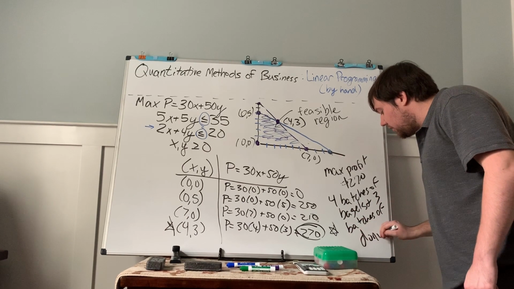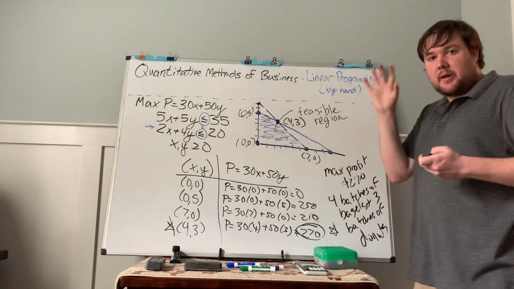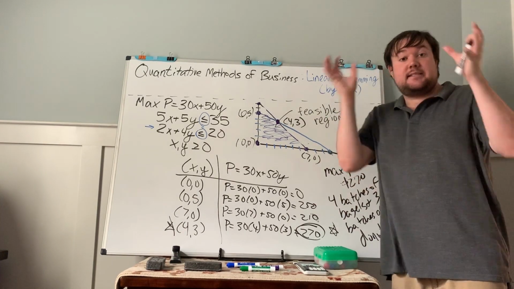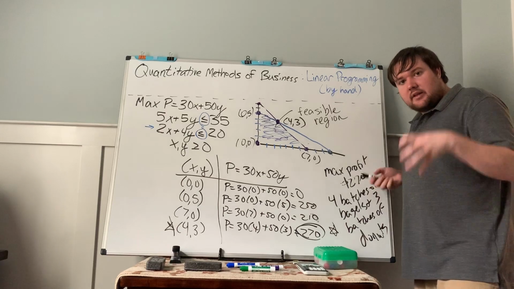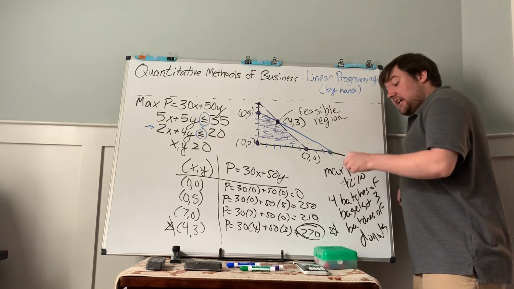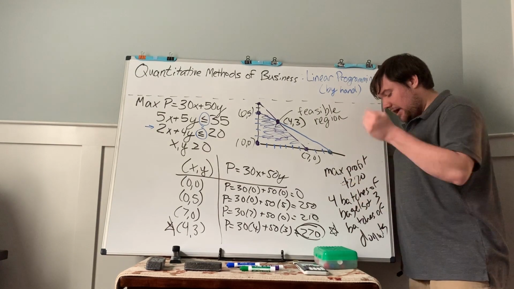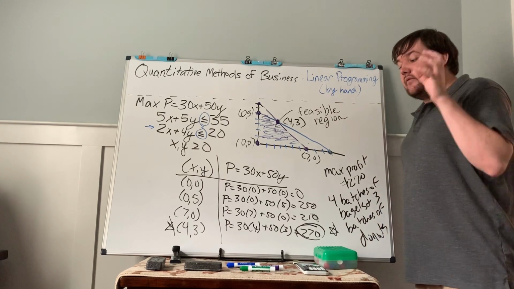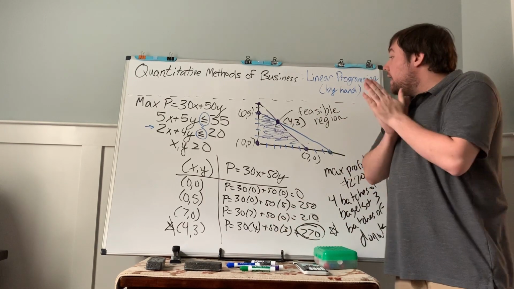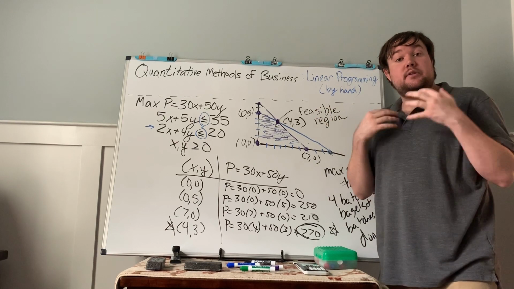It's really important that when you state your solution, you go back in terms of the problem, in context of the problem. So that's your max profit, and it comes from making 4 batches of bagels and 3 batches of donuts. And there we go. That is how to do linear programming.